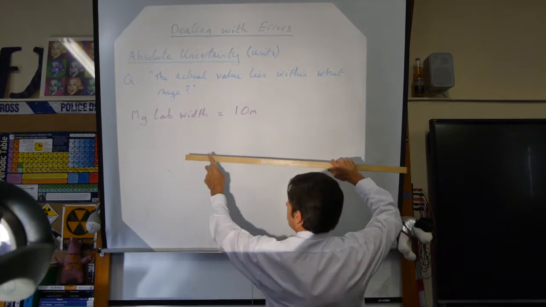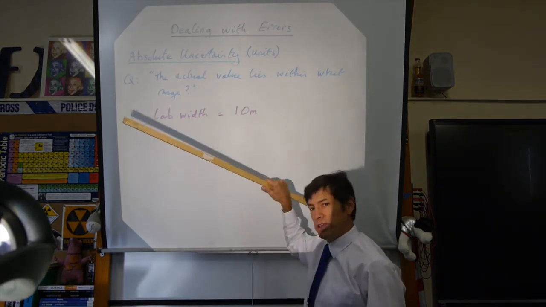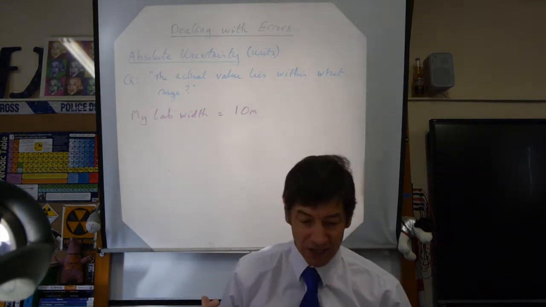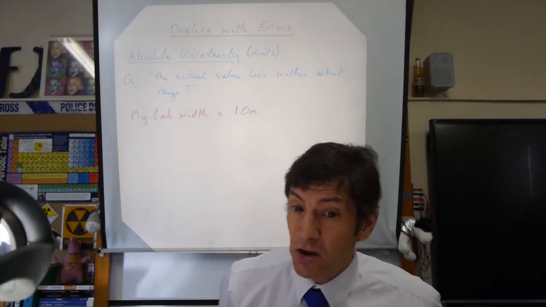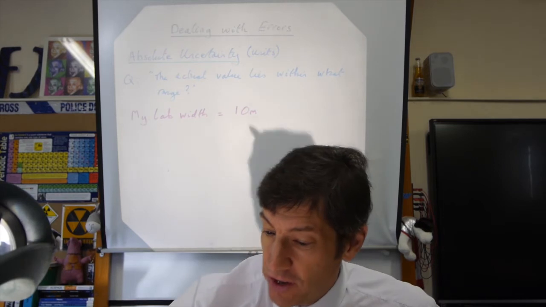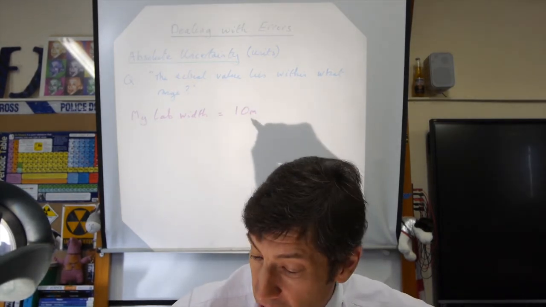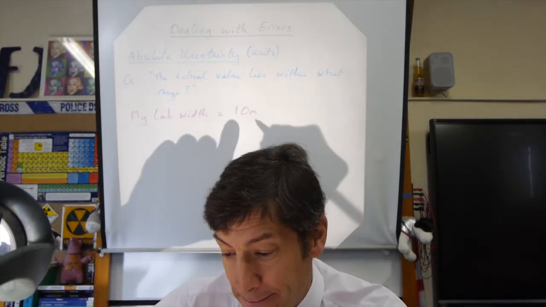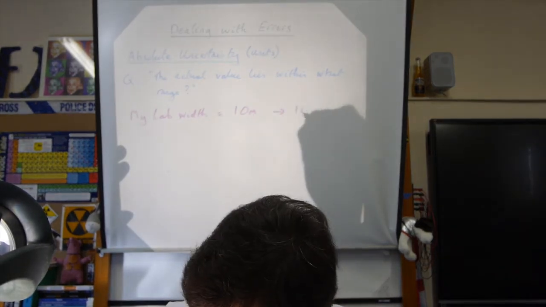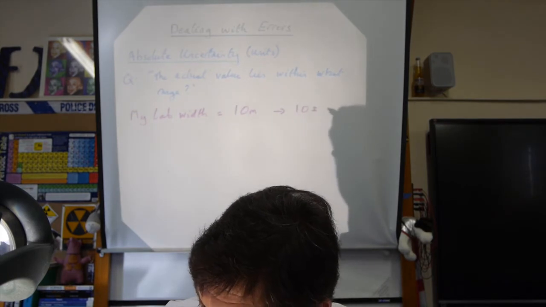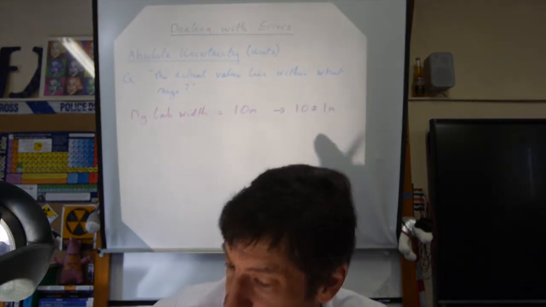And because there's nothing written on it, I can't really comment how much that extra or short bit of length is. So what I'm doing here, if I quote the width of my lab as 10 metres, this is really 10 plus or minus 1 metre.